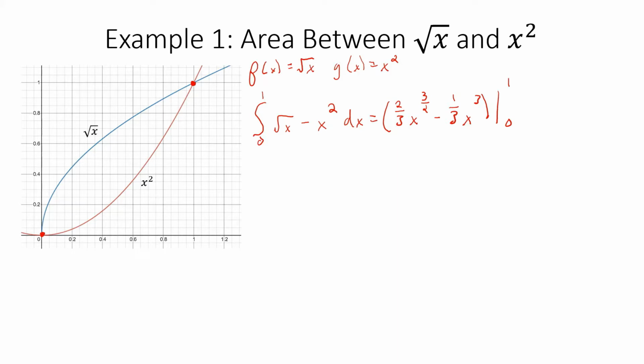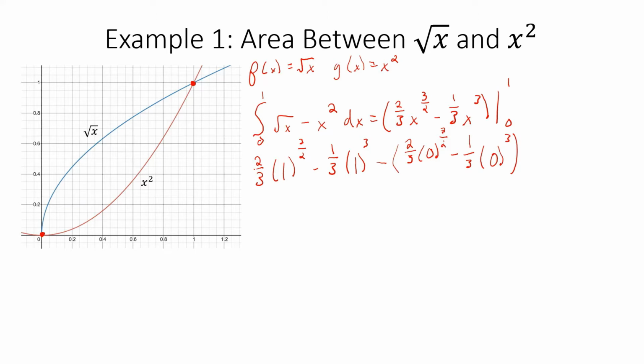First we plug in 1. We get 2/3 times 1 to the 3/2 minus 1/3 times 1 to the third. Then we subtract the whole of the other one: 2/3 times 0 to the 3/2 minus 1/3 times 0 to the third.